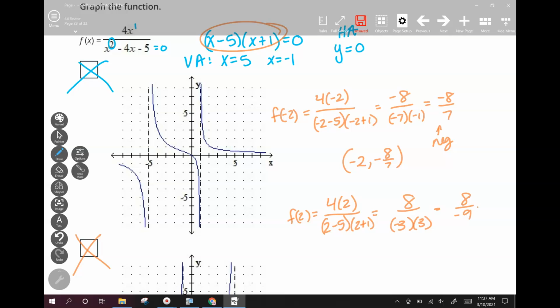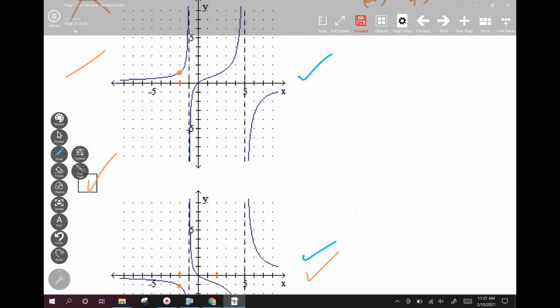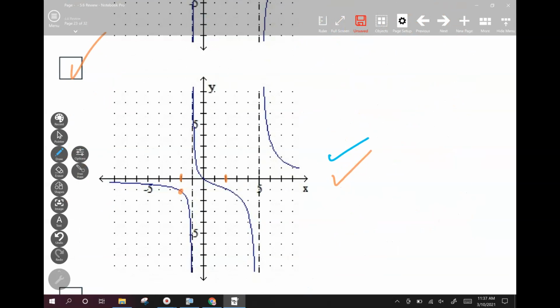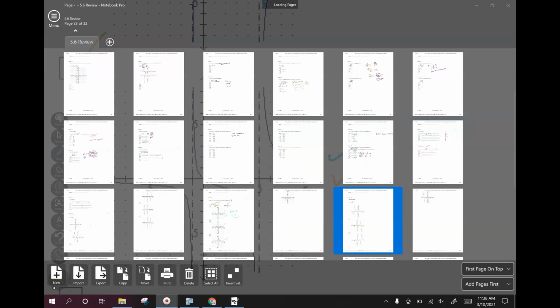So that should be a negative y value at +2. So 2, -8/9, a negative y value at +2. And there it is, a negative y value at +2. So just something to consider when you're determining the graphs: just plugging in a value of x and checking that.